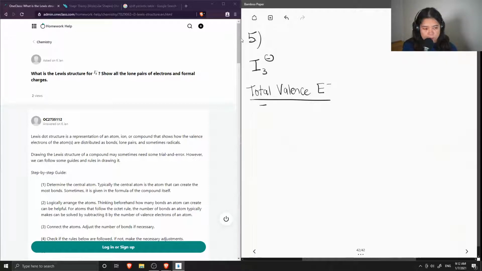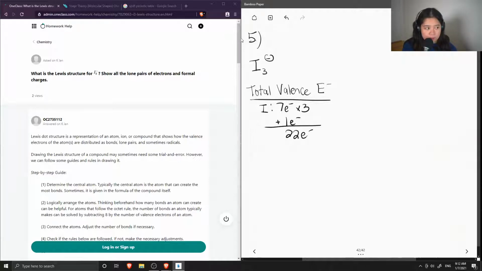So we just have iodine, and iodine has 7 valence electrons, and there are 3 of them. And there's also a negative charge on this as well, so I'm going to add an extra electron. And we have a total of 22.